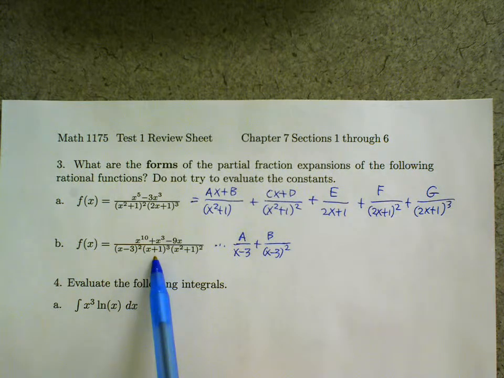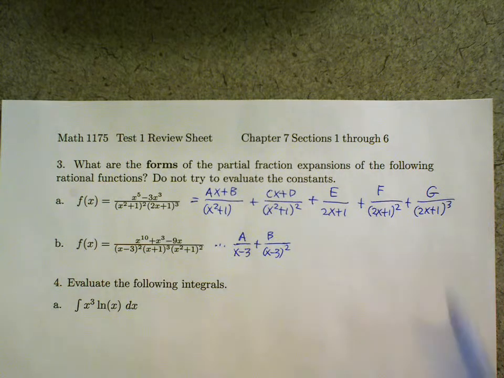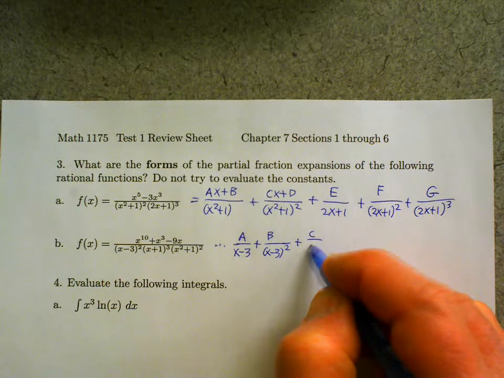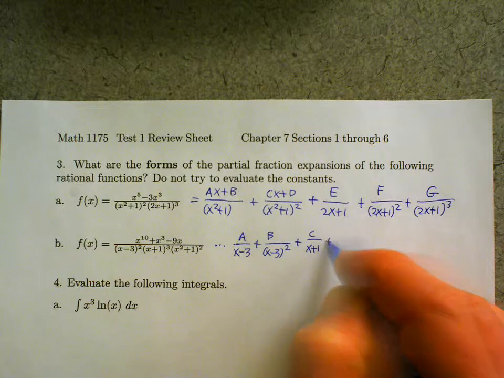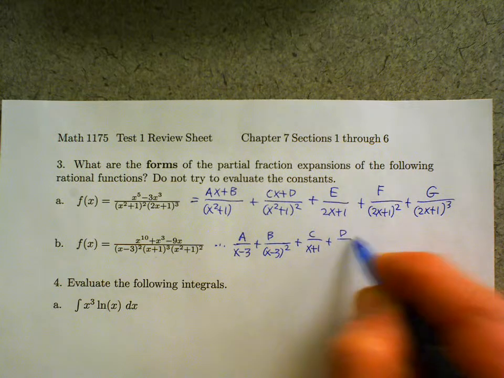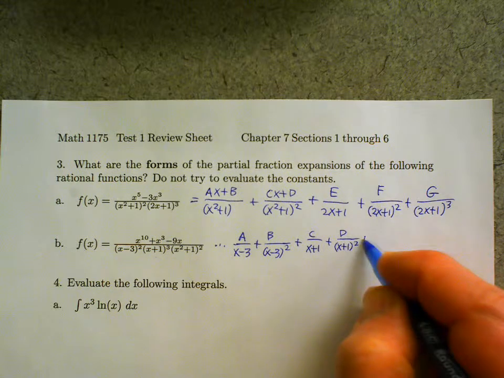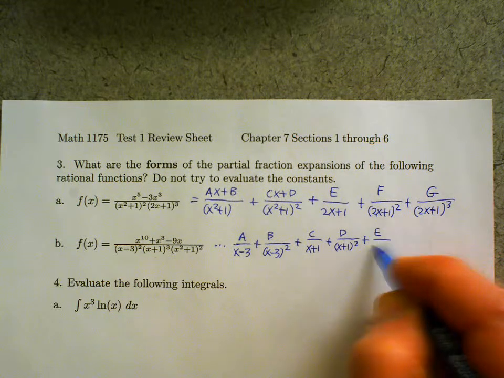There's another linear factor, x plus 1, but this one's raised to the third power. So we'll have c over x plus 1 plus d over x plus 1 to the second plus c over x plus 1 to the third.